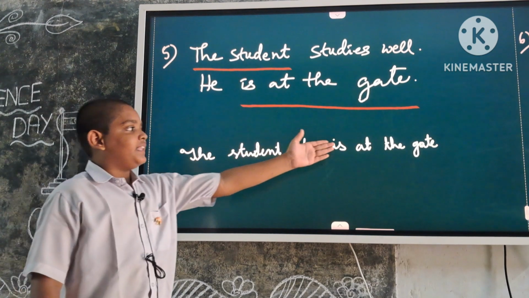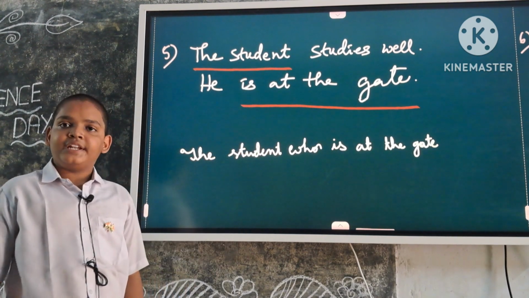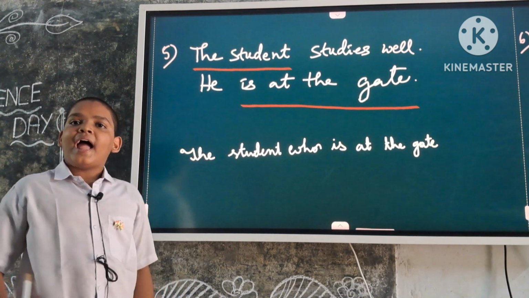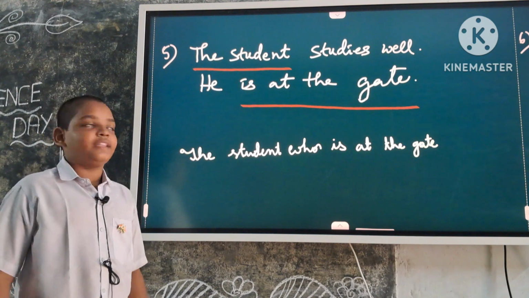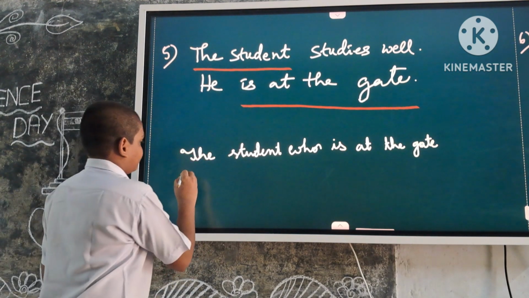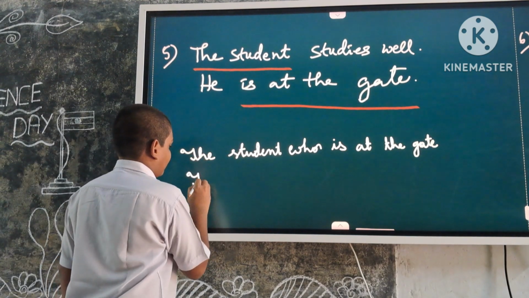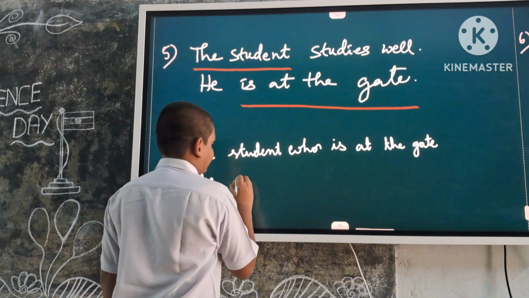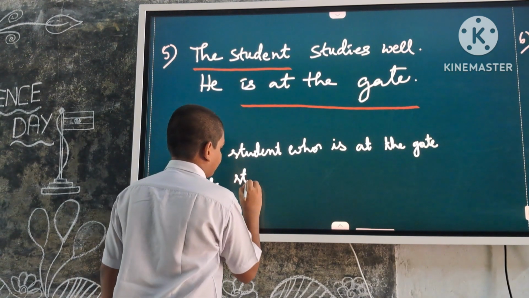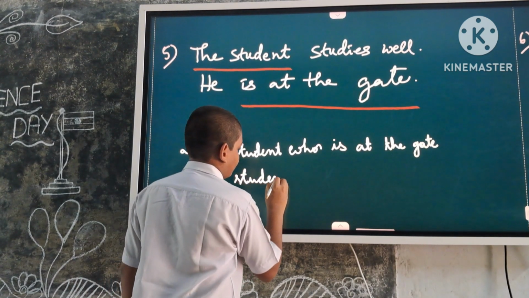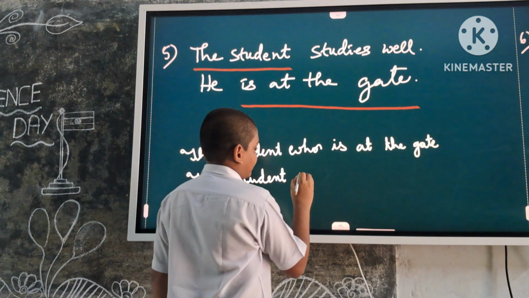Here who is at the gate is a post modifier relative clause. We can make another noun phrase with the sentence: the student at the gate.